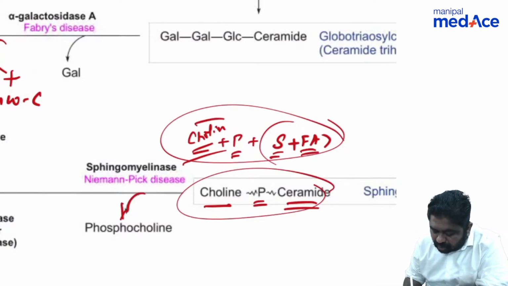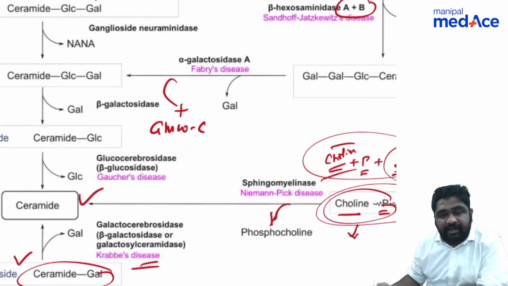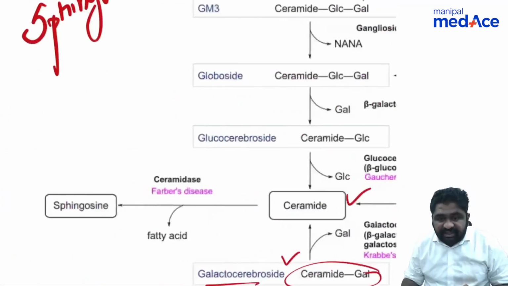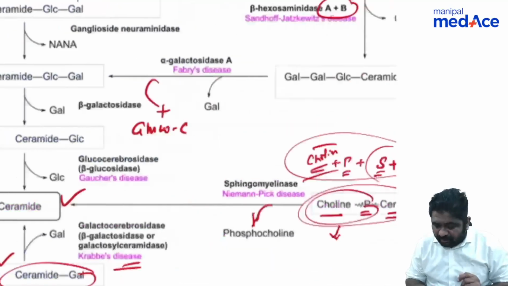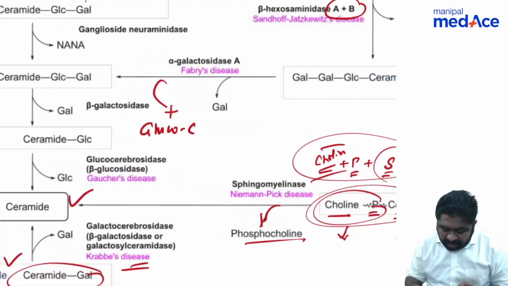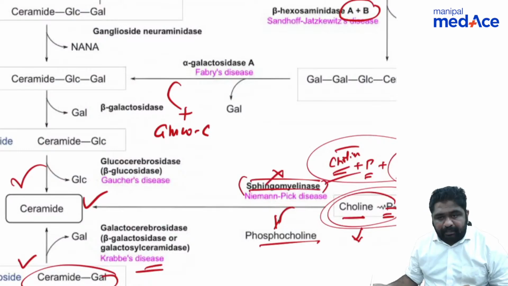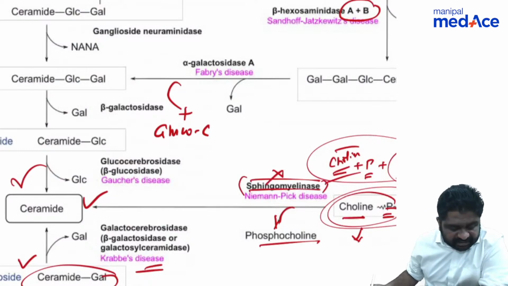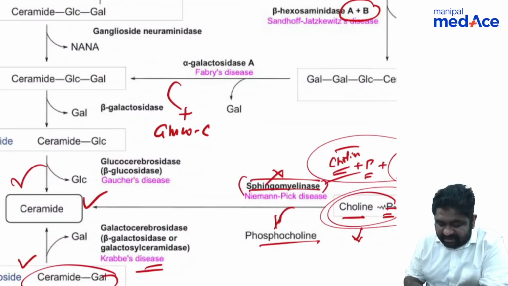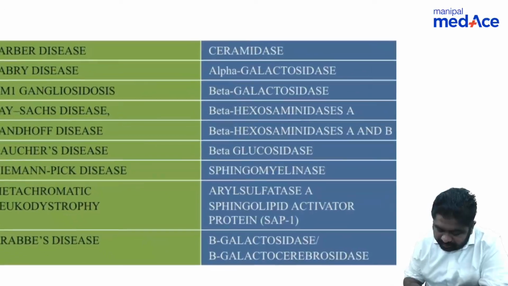If I remove the phosphate plus choline, what I will be left with is ceramide. I'm coming from the other direction. In this direction, sphingosine plus fatty acid gives you ceramide. In this direction, sphingomyelin, when it loses the phosphocholine, becomes ceramide, right? Now, this enzyme is sphingomyelinase. If that sphingomyelinase is absent, then Niemann-Pick disease is noticed.